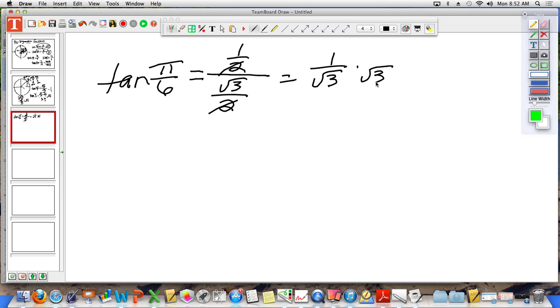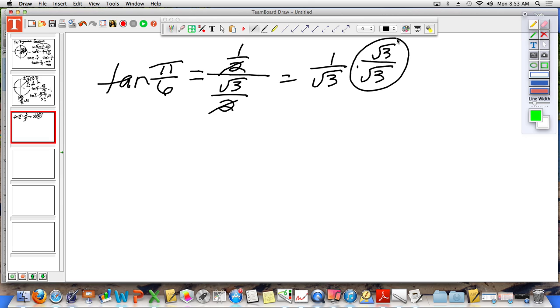Multiply by the square root of 3. So what is the square root of 3 over the square root of 3? It is 1. You have just multiplied that fraction by 1. Multiplying something by 1 doesn't change the value.